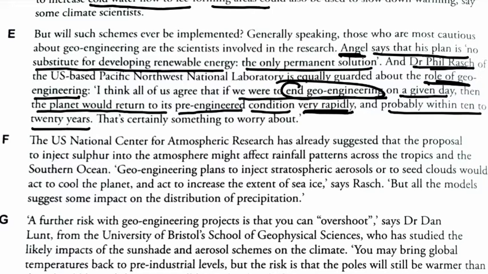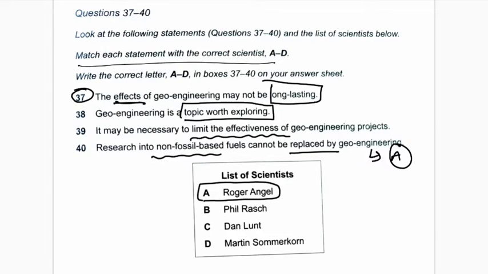That means if we stop the geoengineering work, the planet would become as it was before geoengineering was applied. So its effect would not be long lasting, right? So statement number 37 was said by Phil Rash. So the answer will be B.